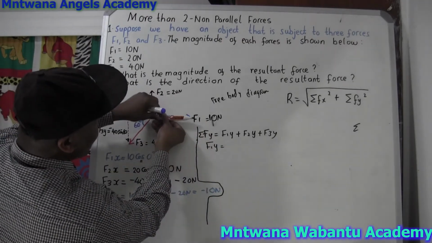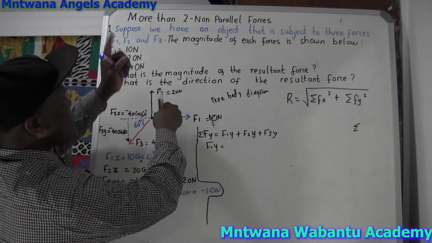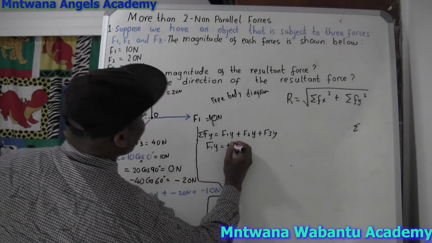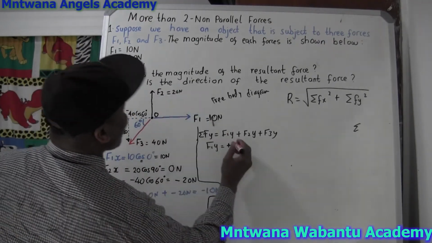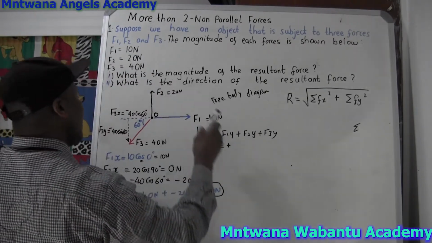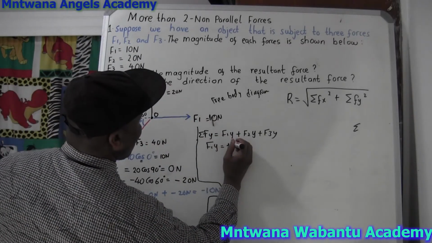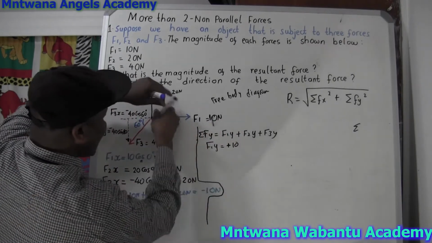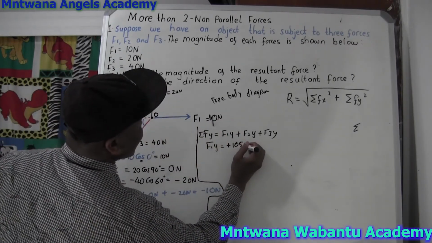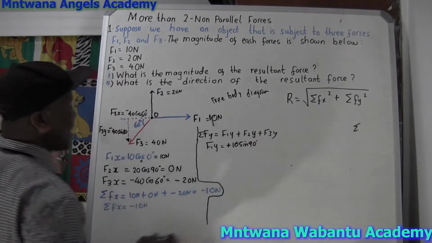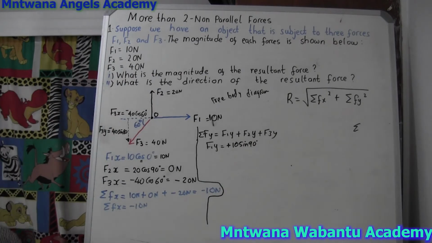And where is it going to face? Up, so it's going to be positive. If it's facing up, it means sine. So it's going to be 10 sine of 90. But what's sine of 90? Sine of 90 equals 1.